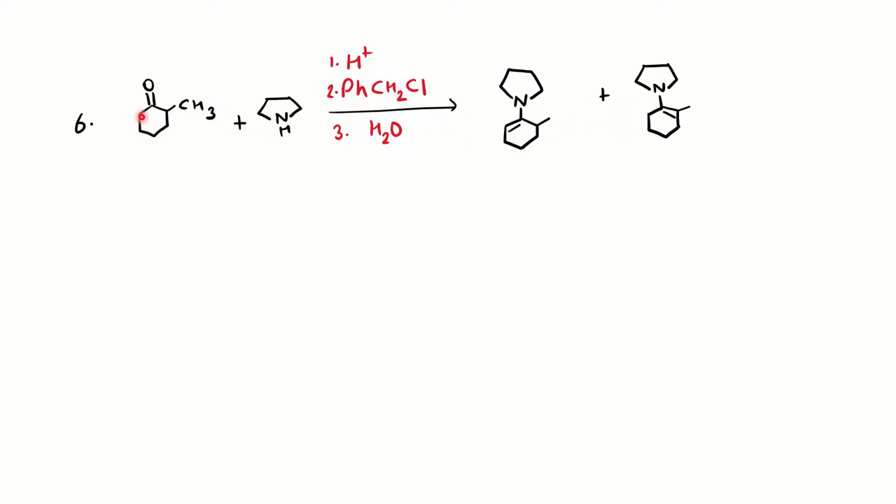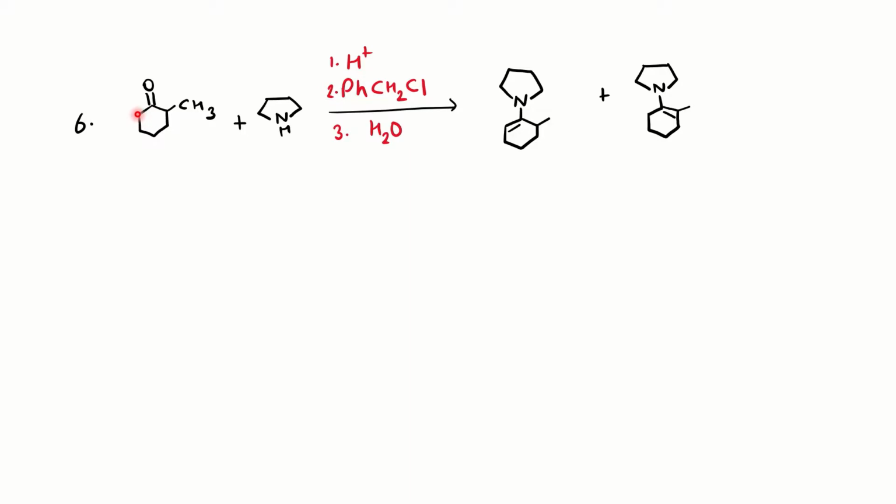Either the abstraction of hydrogen takes place from the less hindered side, where no substitution is present, so you are going to have a double bond here, or you are going to have a double bond where the methyl is present. So this is the less hindered side and this is the more substituted, more hindered side. So abstraction of a proton is easy from the less hindered side.